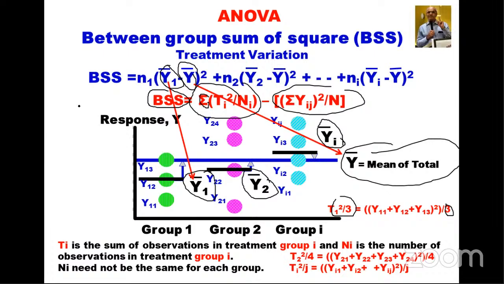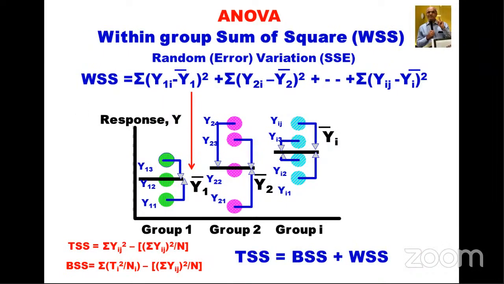Keep in mind what is WSS, what is BSS, and what is TSS, and how they are derived. You don't need to remember the method, but keep in mind that it can be done this way. Similarly, WSS: first observation minus its mean, whole square, and their sum for the first group, similarly the sum for the second group, the sum for the third group, and we'll get WSS.